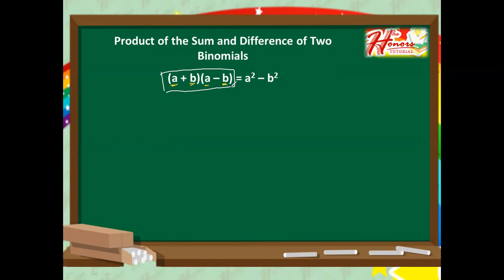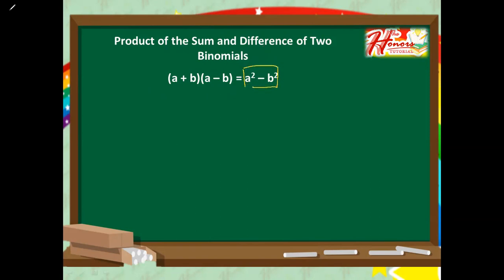So the terms for the product of the sum and difference of two binomials are alike, but they differ in the operation between them. The other one is positive, the other one is negative. So if that is the case, your pattern will be this: a squared minus b squared, and that's it.